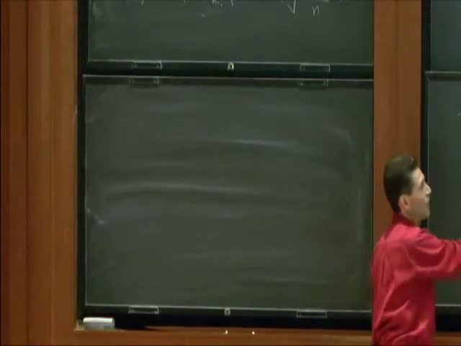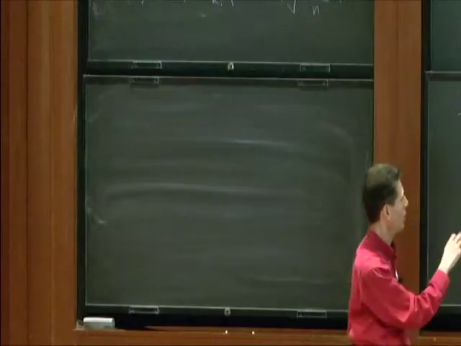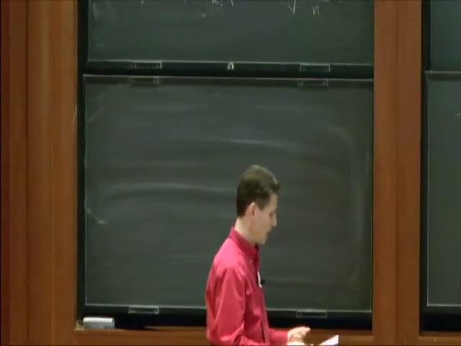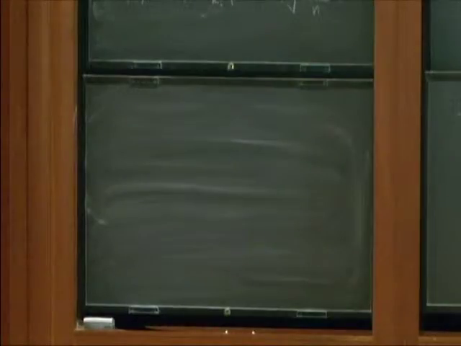So now I want to say how we find this graph G. So we're given an ordered graph H. Some of you may know how to do this already. Anyone have a suggestion?